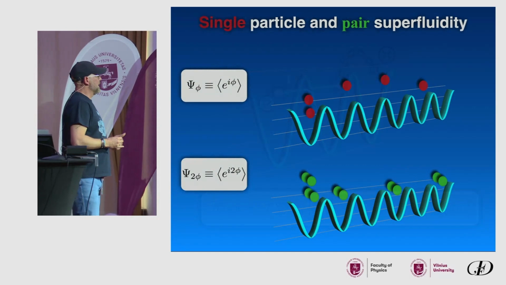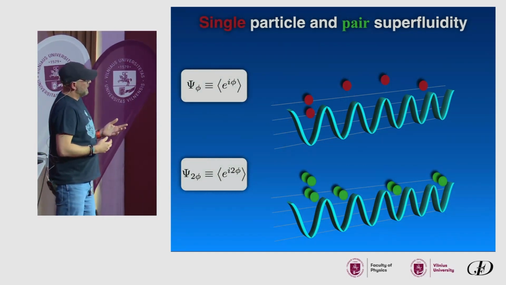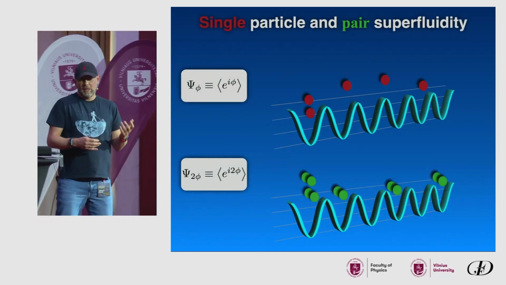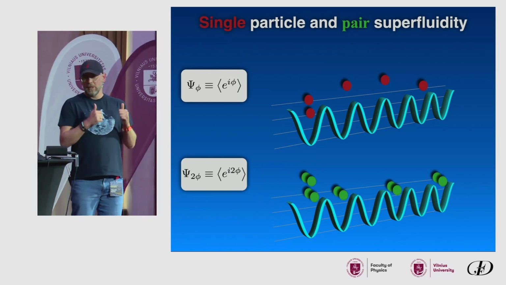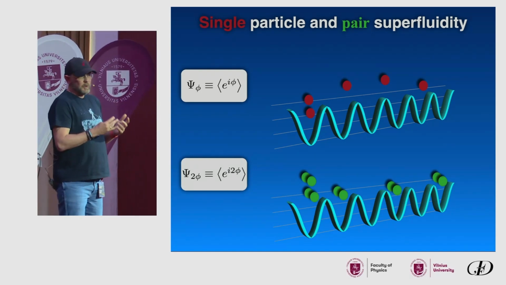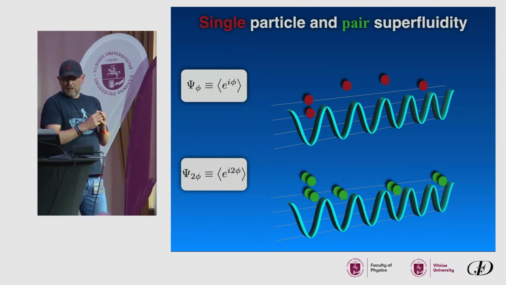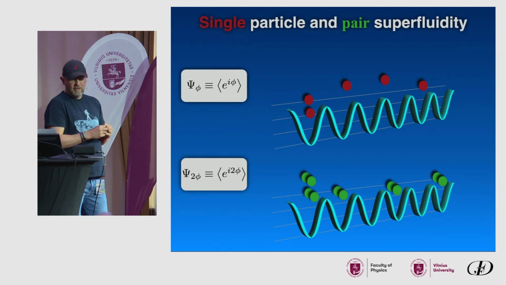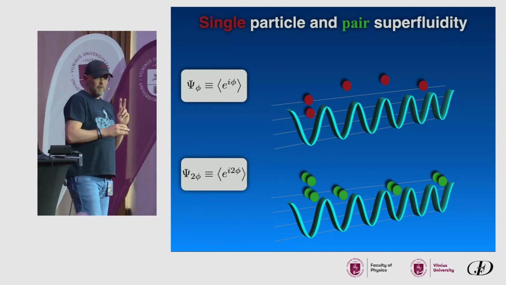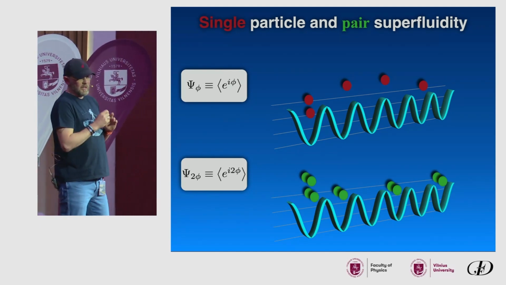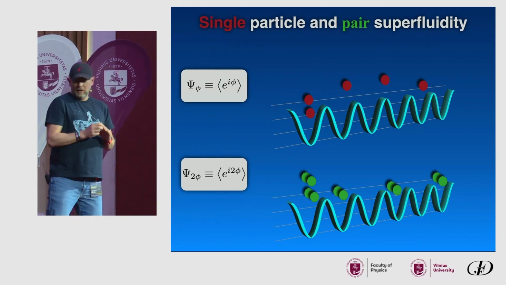So we expect two phases. The first one is connected with Bose-Einstein condensation, but only of single particles. And we wanted to see also the condensation of bosonic pairs. So you have two kinds of superfluidity: of the single particles and of the pairs.